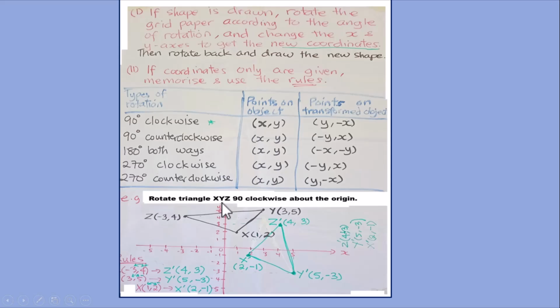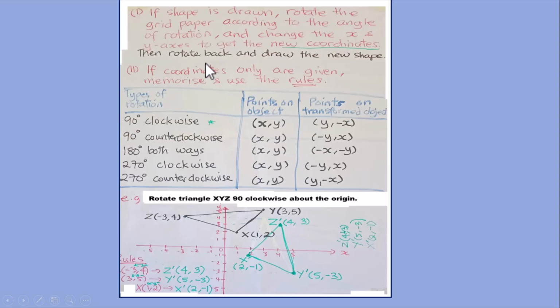So if your shape is drawn on a plane like this, let's say if they give you these angles to rotate, then the easiest way to do it is you rotate the grid paper according to the angle of rotation and change the x and y coordinates to get the new coordinates.